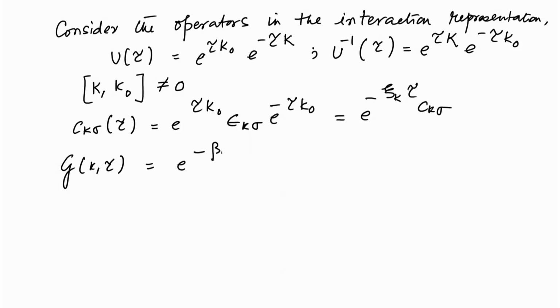minus exponential beta omega and then a trace of exponential minus beta K 0.